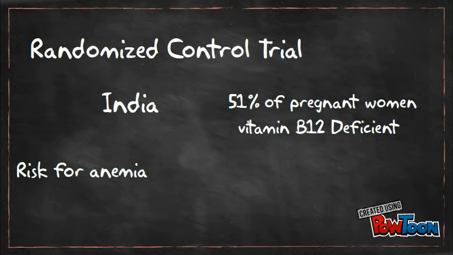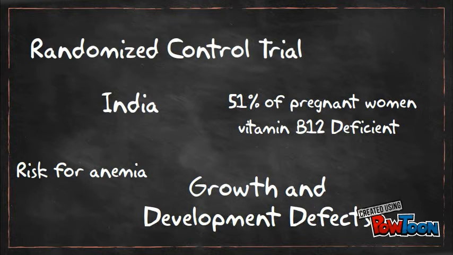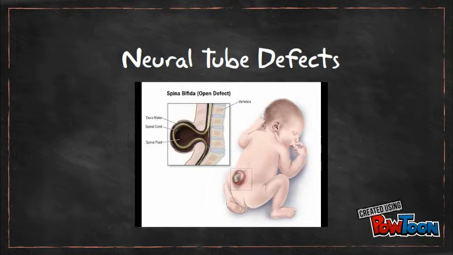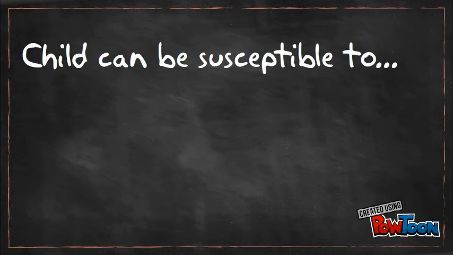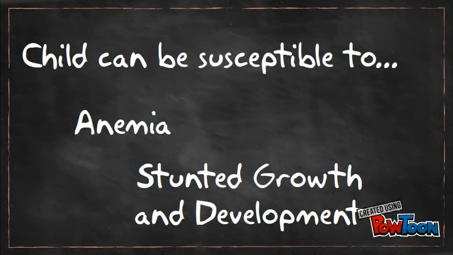And anemia during pregnancy can lead to growth and development defects within the baby. Some of these defects include neural tube defects, or NTDs, where there are abnormalities in the baby's spinal cord development. The child can also have or be susceptible to anemia and stunted growth and development.